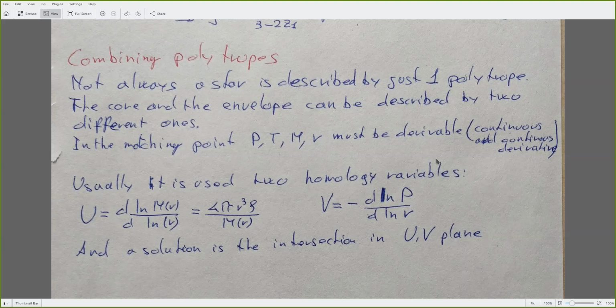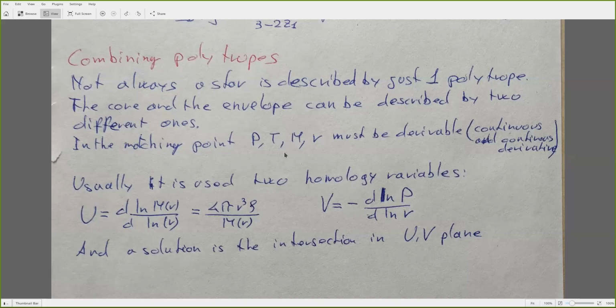Because if the derivative is not continuous, there you can also have a strong variation and cause problems. Usually, in case it is not perfectly continuous, there is a correction in between to smooth the derivative.